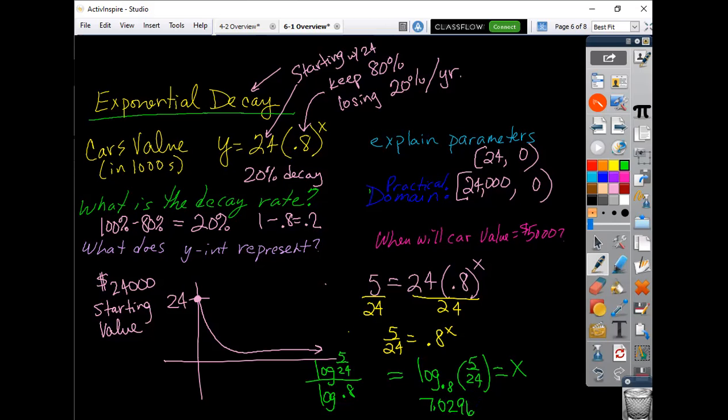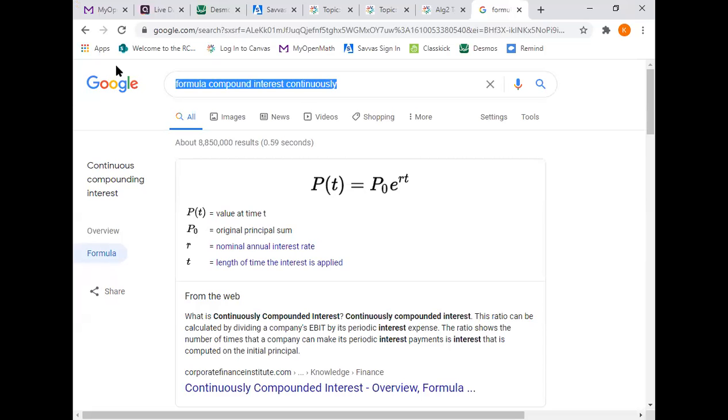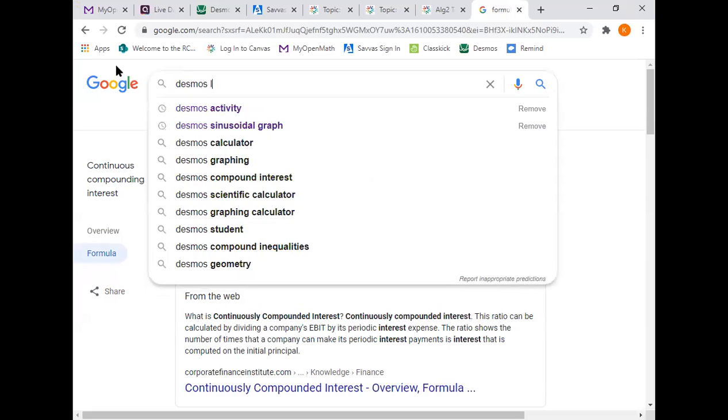Okay, so maybe I'll just jump over and let's look up how you would do that in Desmos as well, in case somebody wants to. I'll get a new screen here, and I'll share that with you so you can follow along with me. So I'm just going to type in here Desmos log format.